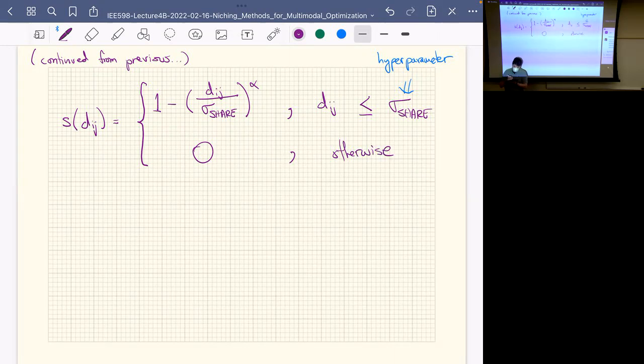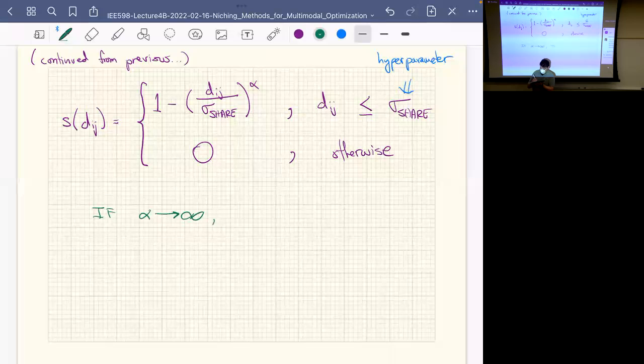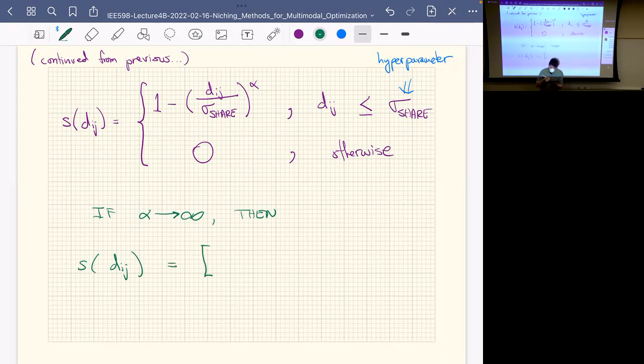And note that in the special case when alpha is equal to infinity, then maybe that's a terrible notation. Let me clean that up a little bit. So if alpha goes to infinity, then S dij is going to be equal to what I'll call the Iverson bracket, which I'll define in a second if you're not familiar.